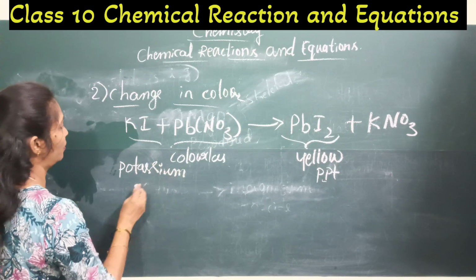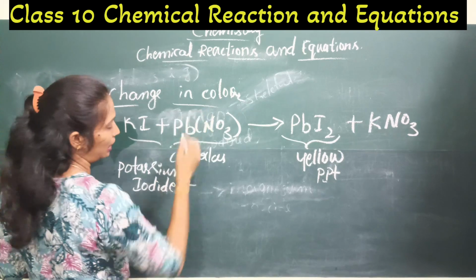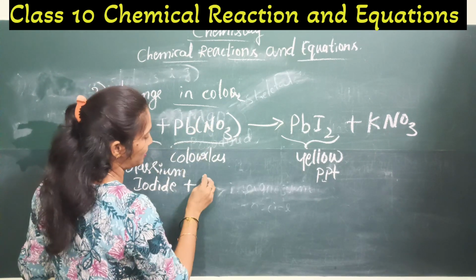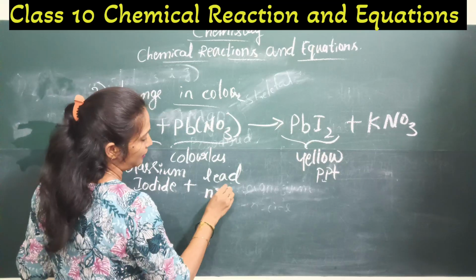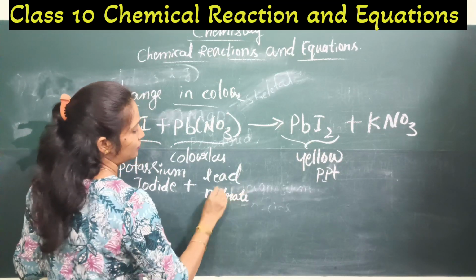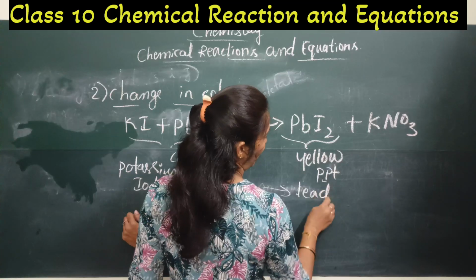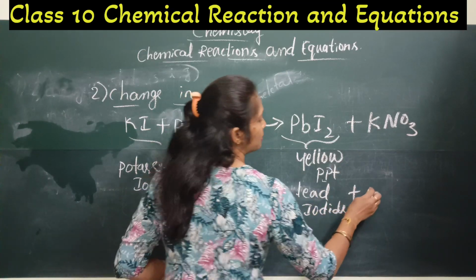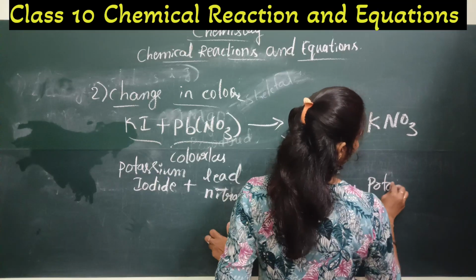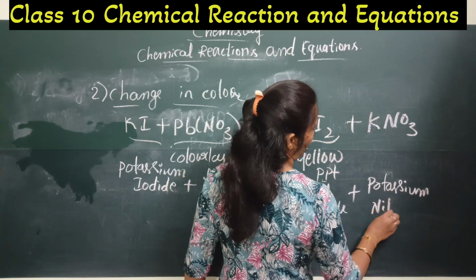You are very new to the concept. Potassium iodide, when mixed with lead nitrate, forms lead iodide plus potassium nitrate.